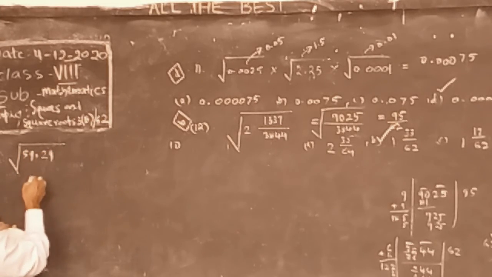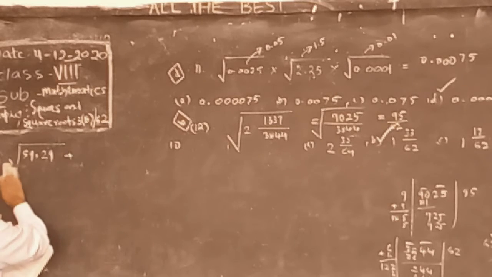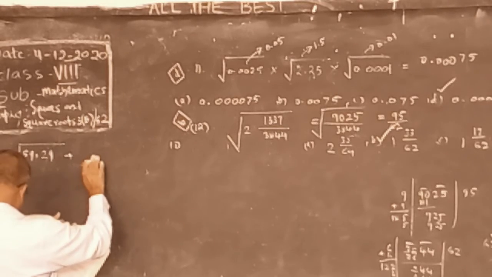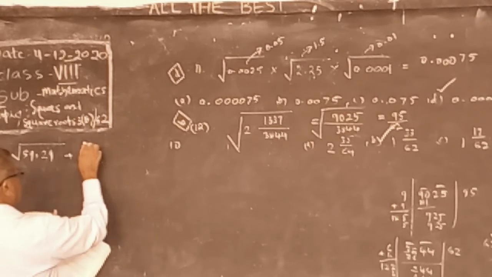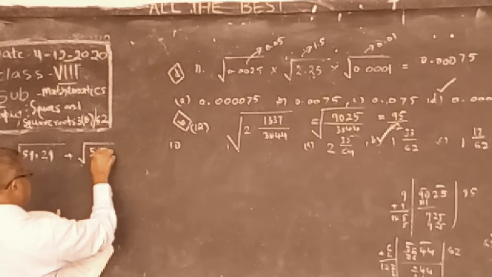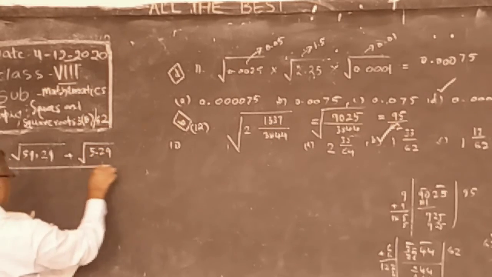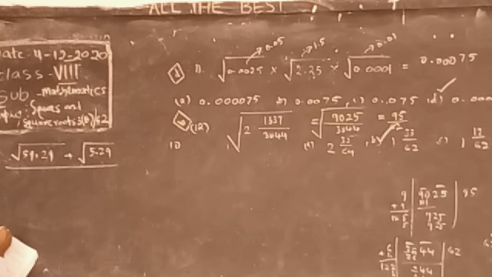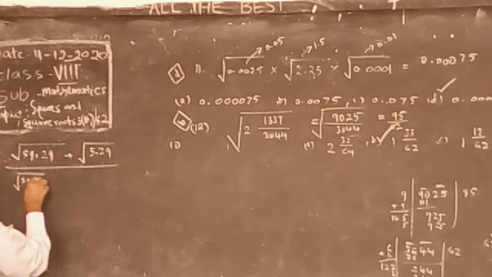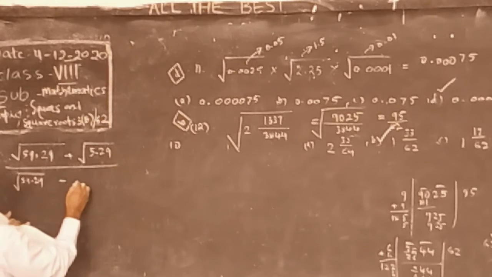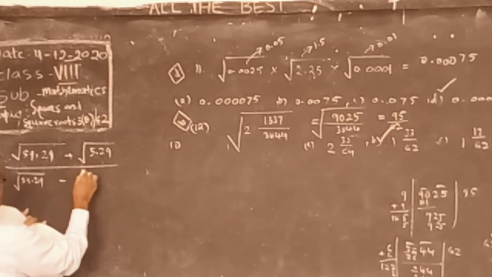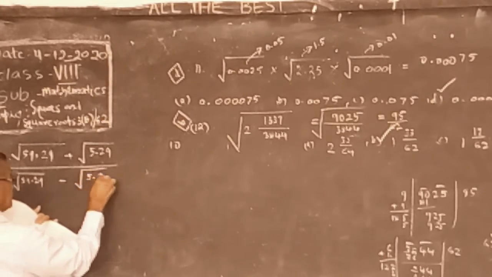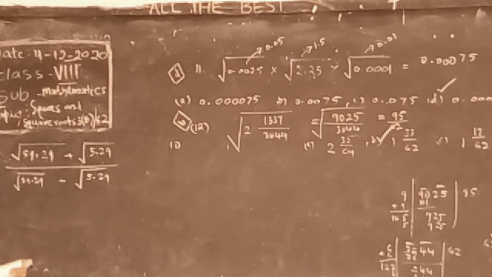59.29 plus root 5.29 by 59.29 minus root 5.29. So let us find the square roots.